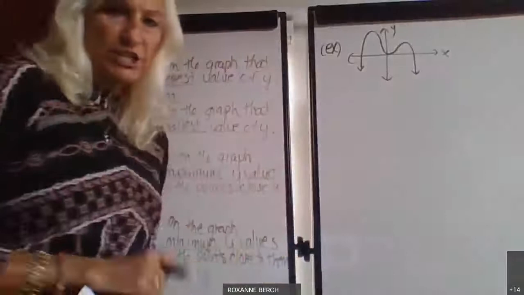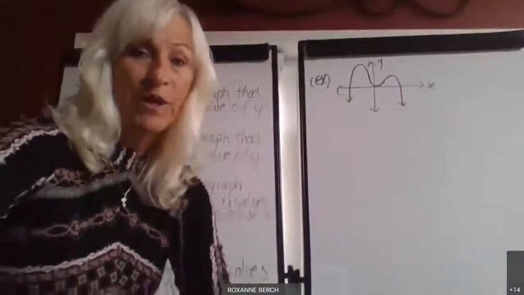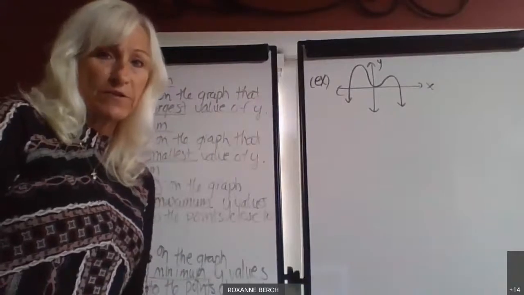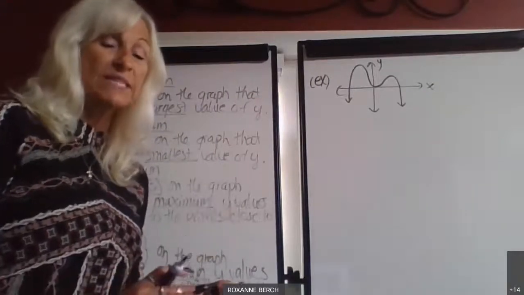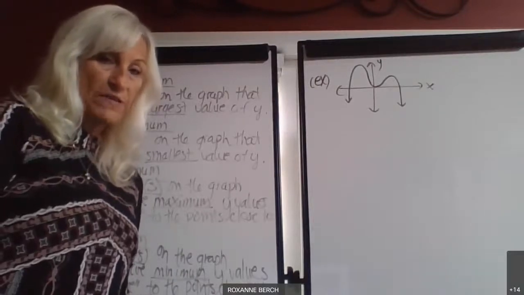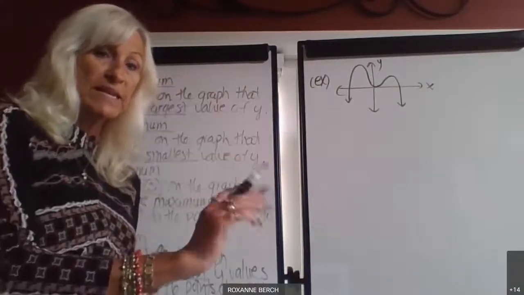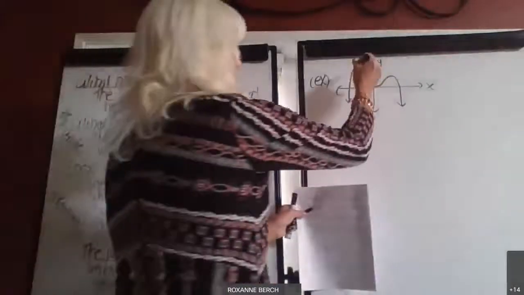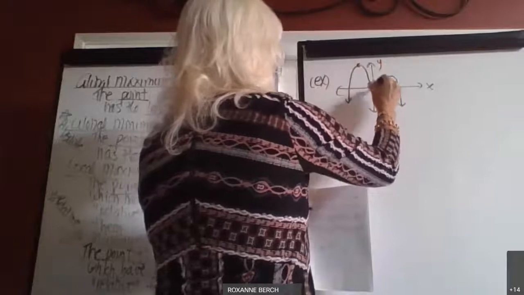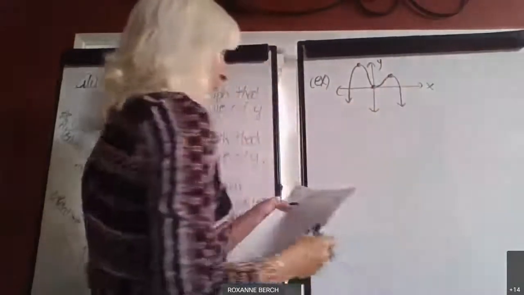And remember the definition of turning point. It's a point where the graph changes direction from increasing to decreasing. That would be a maximum. And a minimum would be a point where the graph is changing direction from decreasing to increasing. So we're specifically looking at that point, and that point.